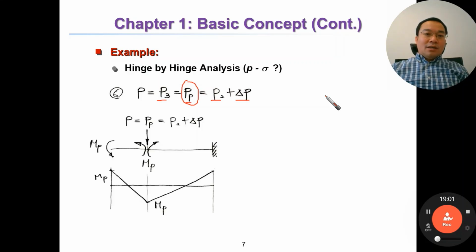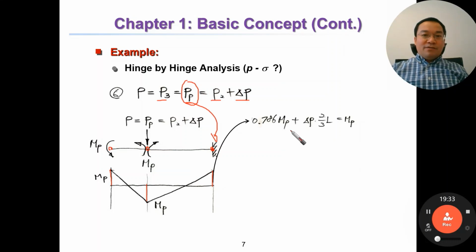So in this case, we have the first hinge and the second hinge, and PP corresponds to the third hinge, and then we call it the collapse load. Collapse load. So we already have MP here and MP here, first hinge and second hinge, and what is the third hinge? What is the value here?